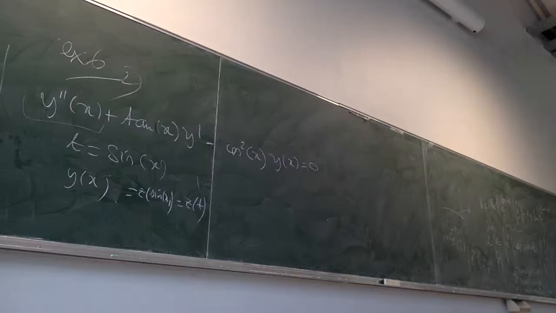Here you clearly had a choice. The idea is the same: you have a y of x, and you want to express what it means for z of t.